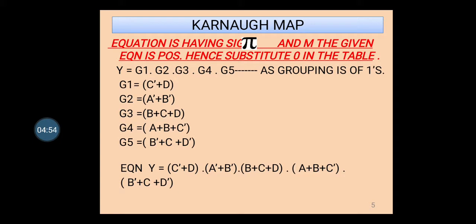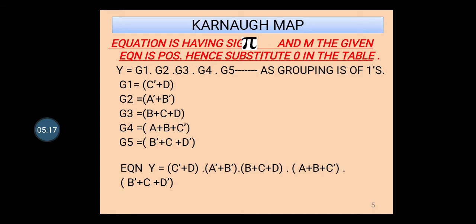So for group 1, the equation follows the same rule: go row wise and column wise. In rows, check which variable is constant for all the rows, that you have to write down. And in columns also you are going to check which variable is constant for all the columns, that only you are going to write. Whichever is changing, you cannot write that.